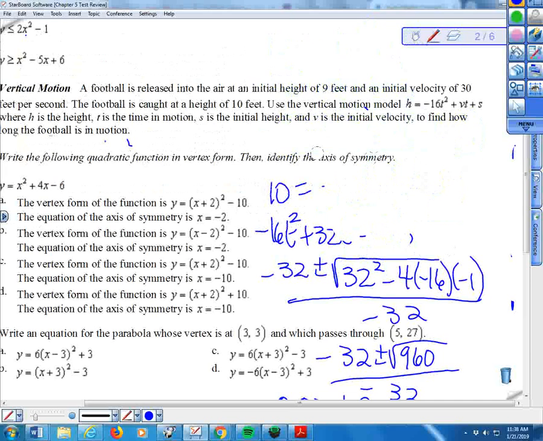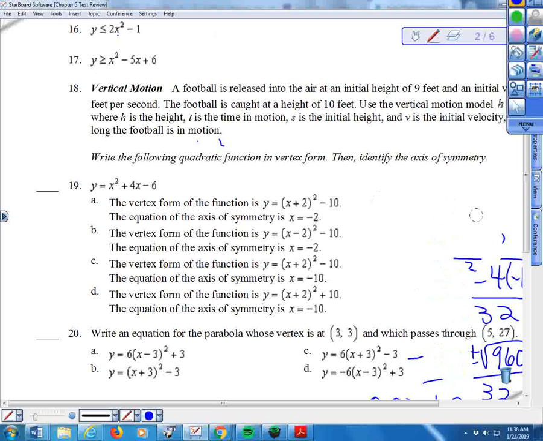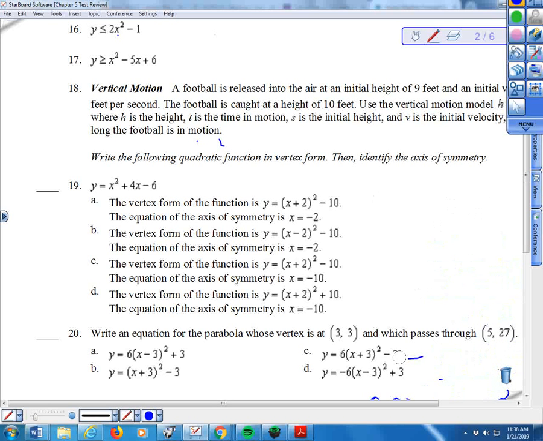Okay, number 19. Write the following quadratic function in vertex form. Well, anytime you see vertex form, you know you've got to complete the square. So I'm going to complete the square by setting it equal to 0 first.